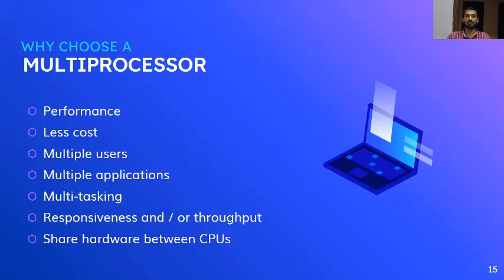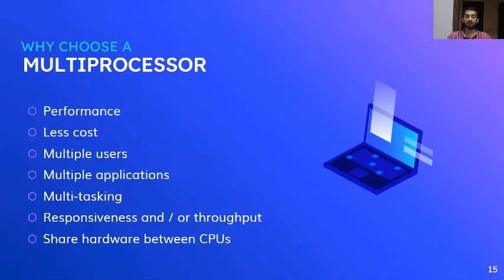A single processor can handle some multitasking, but when we have a multiprocessor, it also increases the performance of the system. Less cost, because you don't need to buy more than one computer. You just need to buy more than one processor and install them in the system.